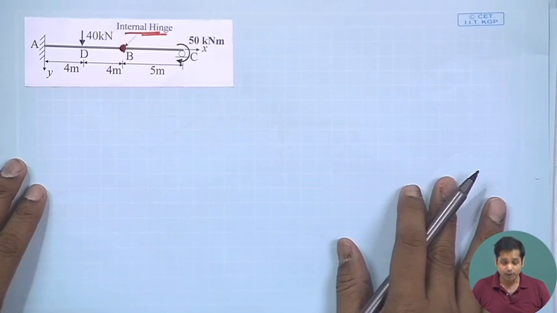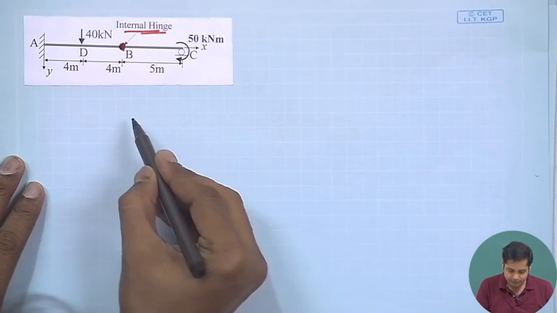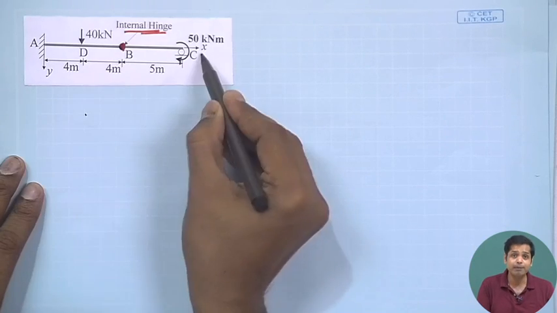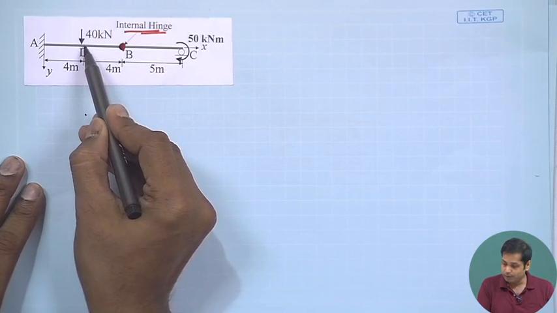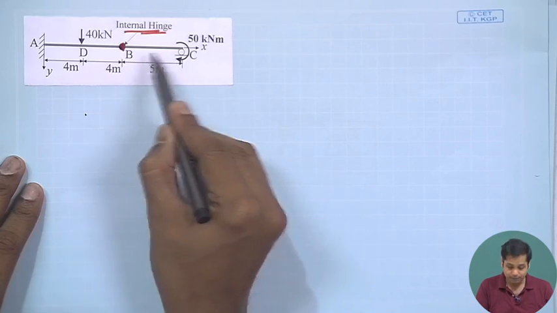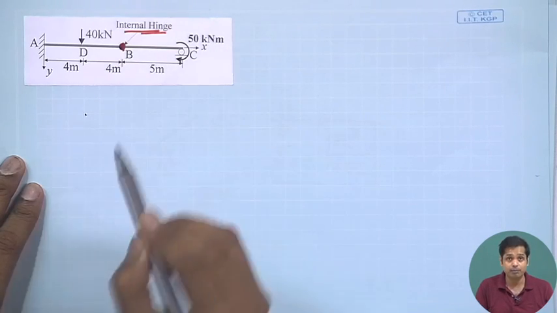Let's see how we can decompose the problem into two. First is the same beam with this 40 kilonewton load, and then again the same beam with this 50 kilonewton meter moment.